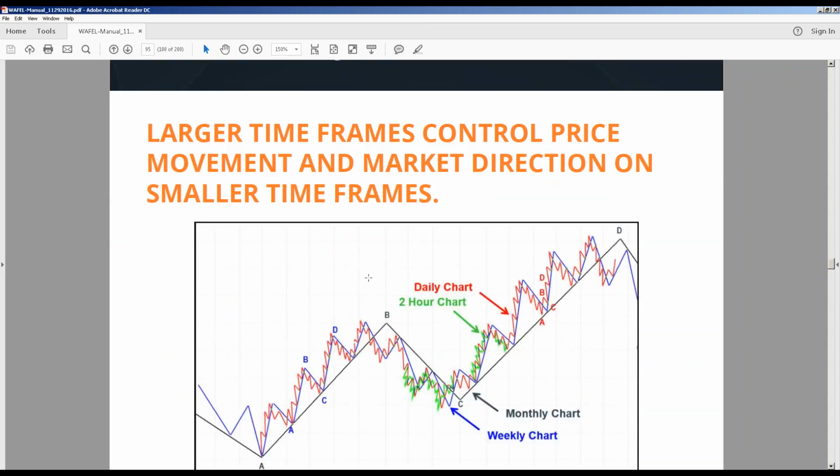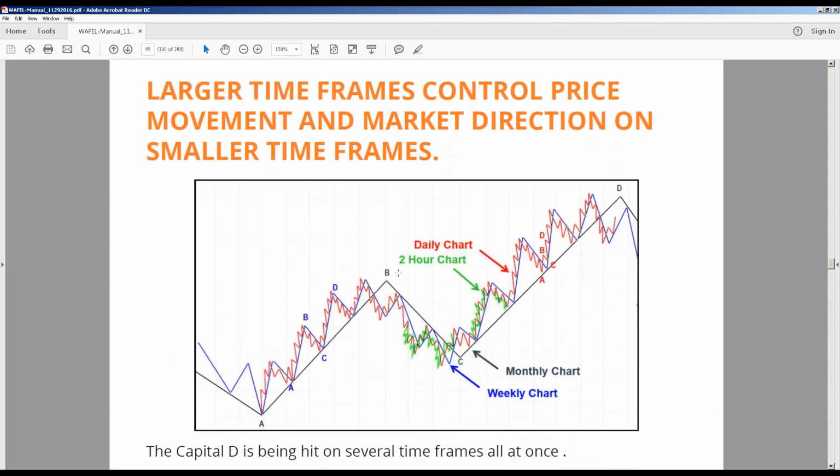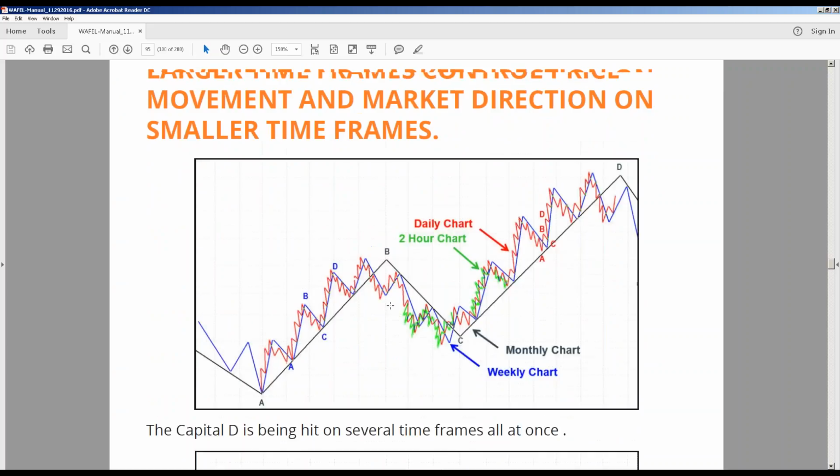Right, larger time frames control the price movement and market direction on smaller time frames. There we go. So the black line here gives us the ABCD swing on the monthly chart. The blue line resembles the ABCD on a weekly chart.